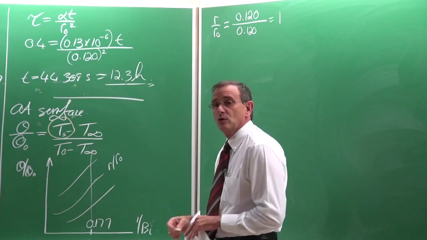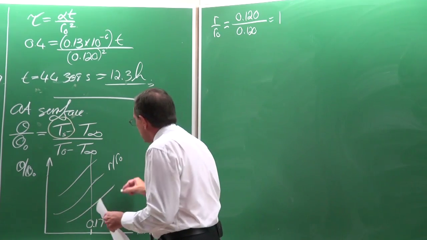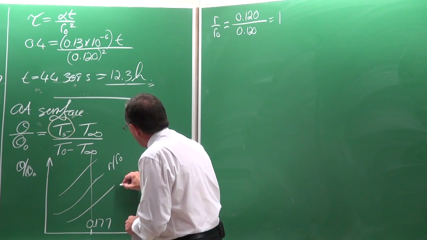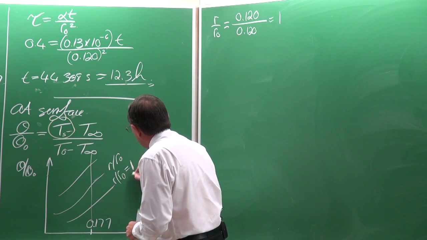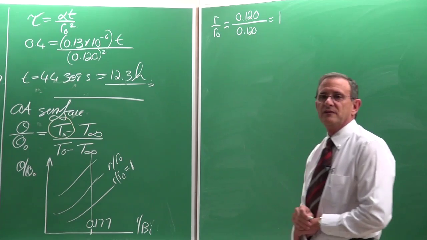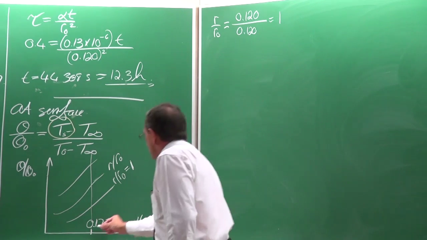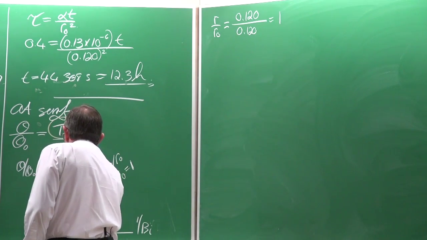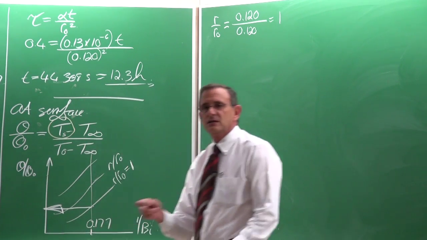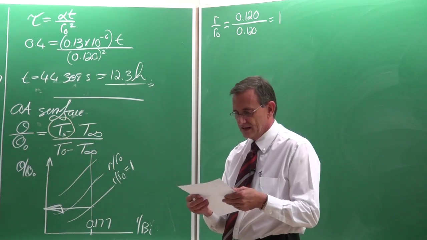So we need to use the line of R divided by R0 equal to 1. I cannot remember if it's the bottom line or the top one. It doesn't matter, one of those lines. So with 1 divided by the Biot number and the position, we can get theta divided by theta 0.